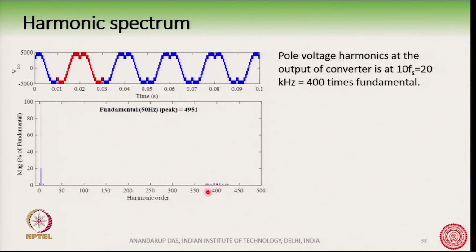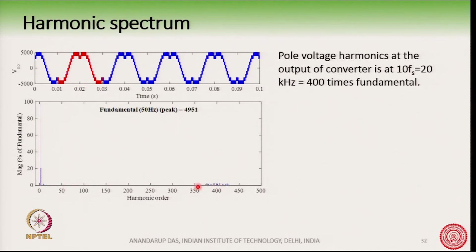The first band of harmonics comes around 400 here, with a very small amplitude, at around 20 kilohertz or 400 times the fundamental. This is what the phase shifted PWM technique has done. It has shifted the harmonics around 80 to 400.